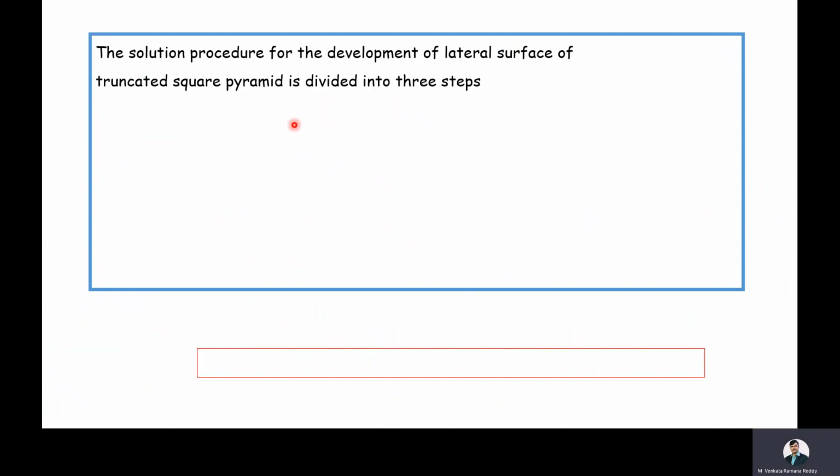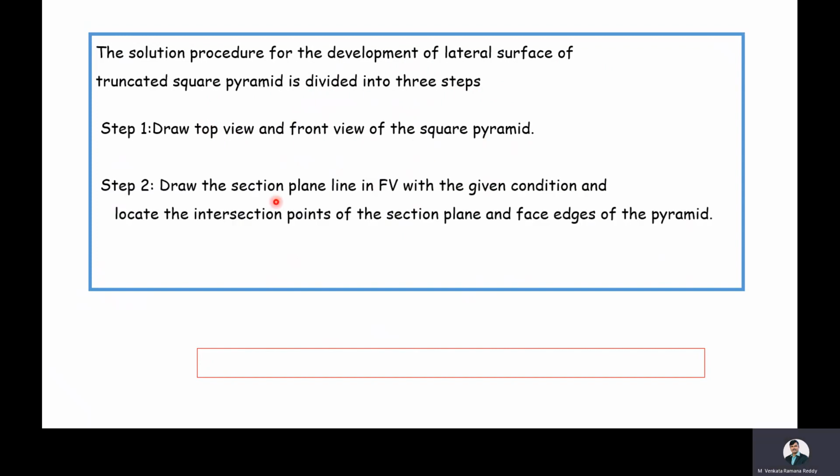The solution procedure for the given problem, that is development of lateral surface of truncated square pyramid, is divided into three steps. Step 1. Draw top view and front view of the square pyramid. Step 2. Draw the section plane line in front view with the given condition and locate the intersection points of the section plane and face edges of the pyramid.